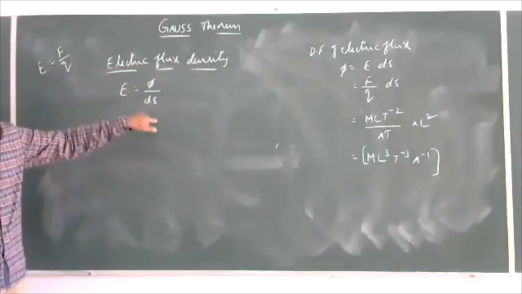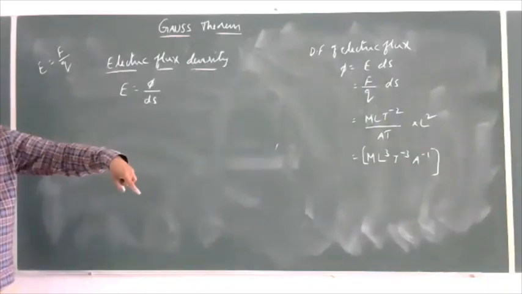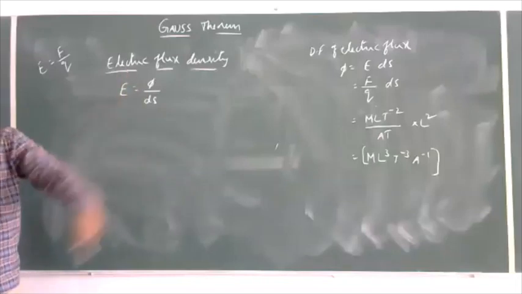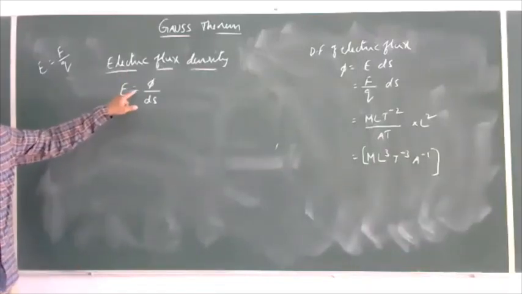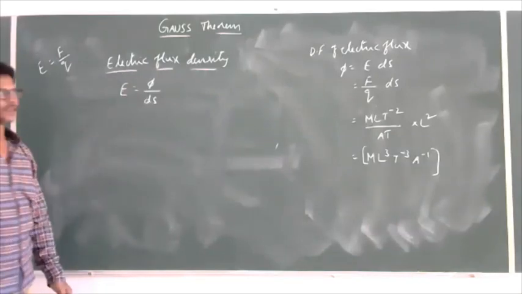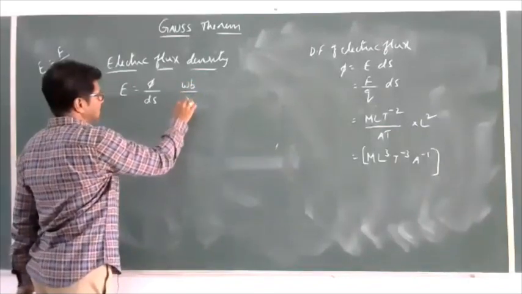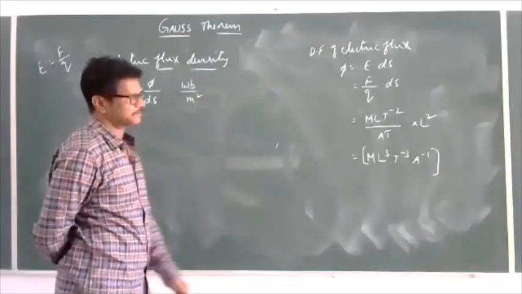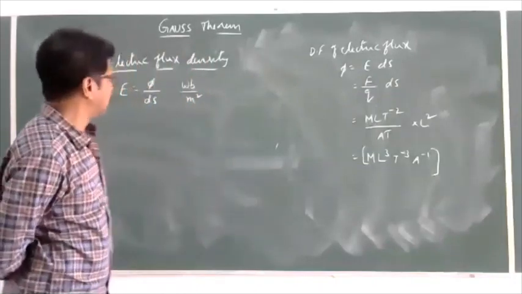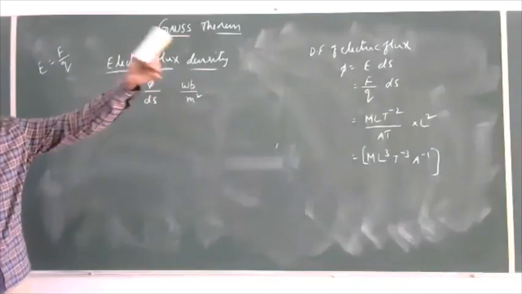Electric flux density is also nothing but electric intensity only, also nothing but electric field strength only. What is its unit now based on that? As we know, the unit of electric flux is Weber. The unit of area is meter square. So Weber per meter square is the SI unit of electric flux density.